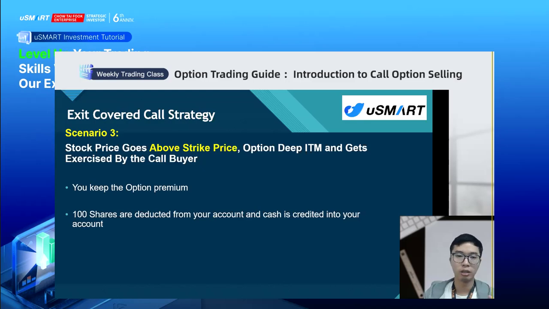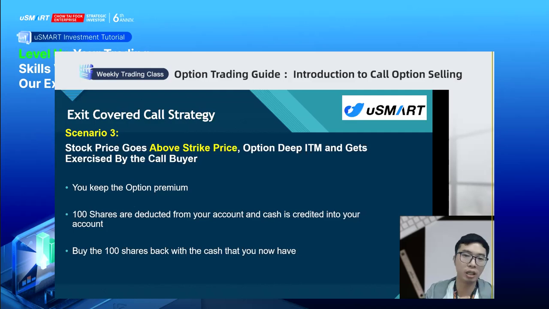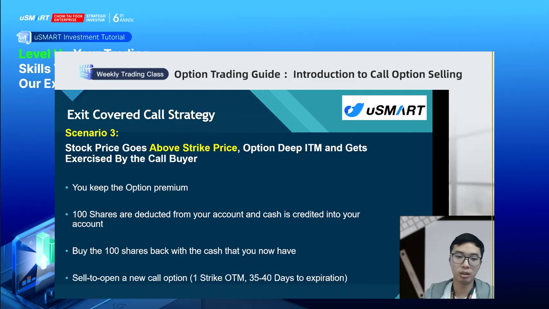So we have to sell our 100 shares to the buyer, and the cash will be credited into our account. Then what we can do is use the money to buy 100 shares again, and continue to sell calls. We open a new call option, one strike out of the money, 35 to 40 days to expiration.